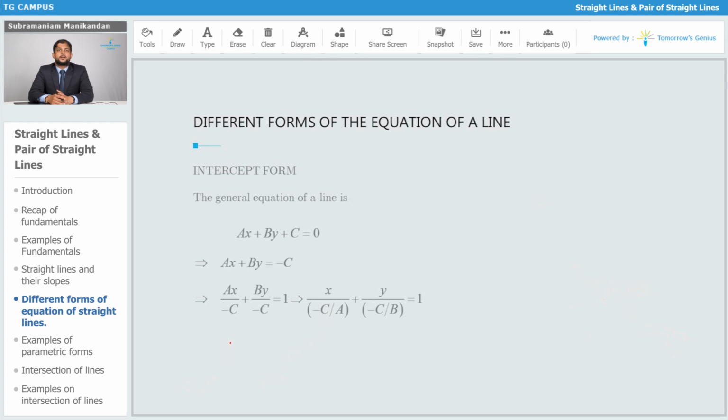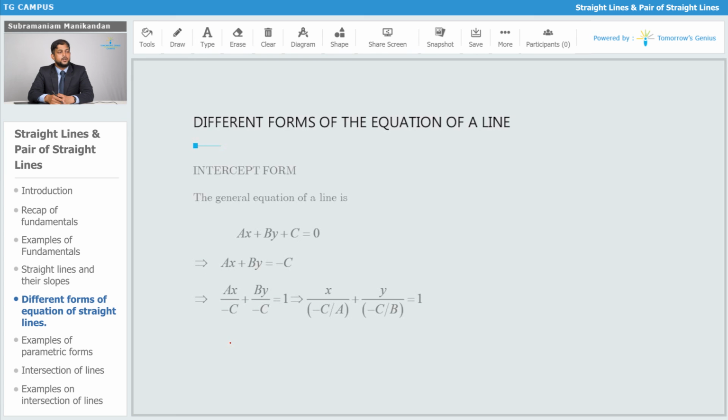Alright, if we are given the equation of a straight line, is it possible to find out the x and y intercepts? Yes. By suitable rearrangement, we can change the general form of the equation of a straight line to the intercept form. How is that? Take c on the other side and then divide by minus c on both sides, so that you get 1 on the right hand side. That gives us ax upon minus c plus by upon minus c is equal to 1.